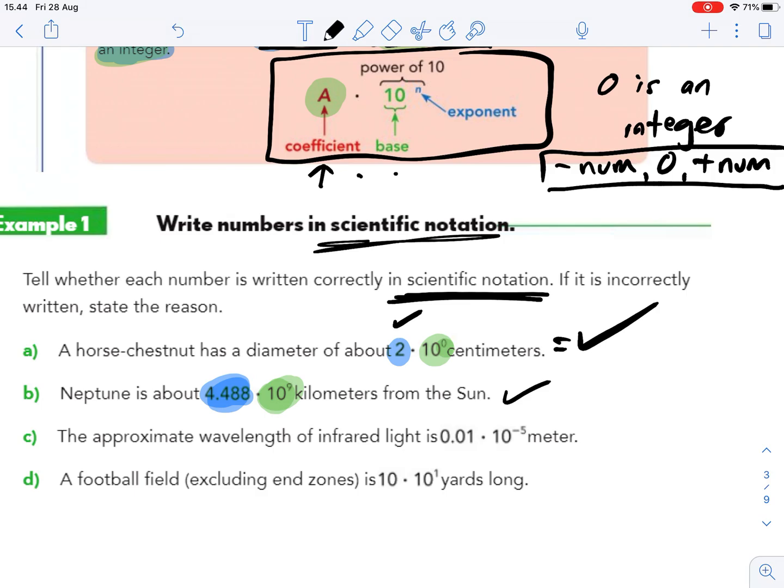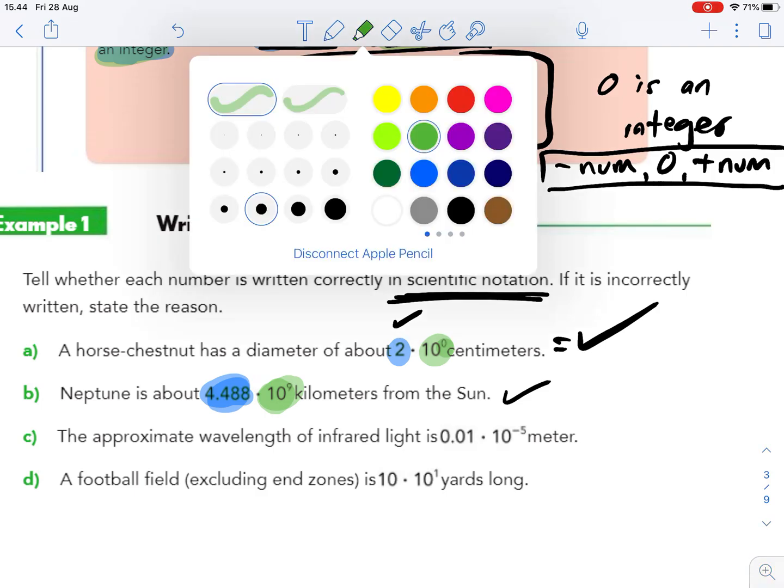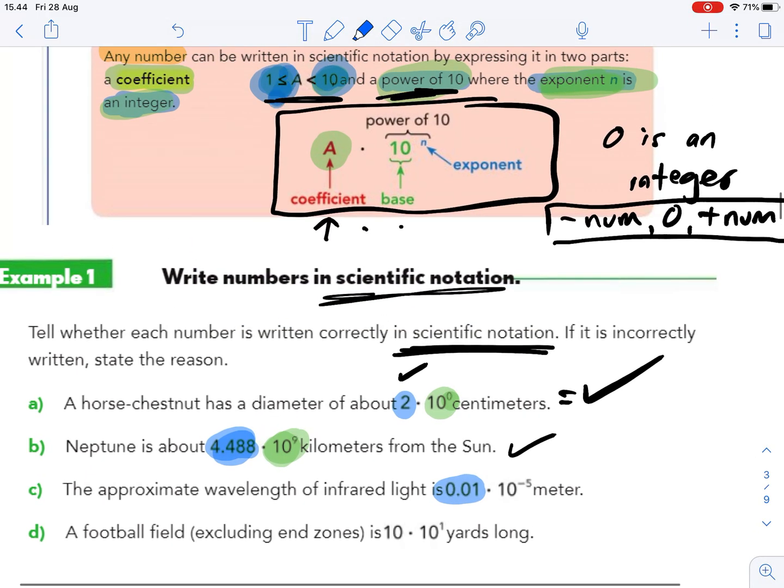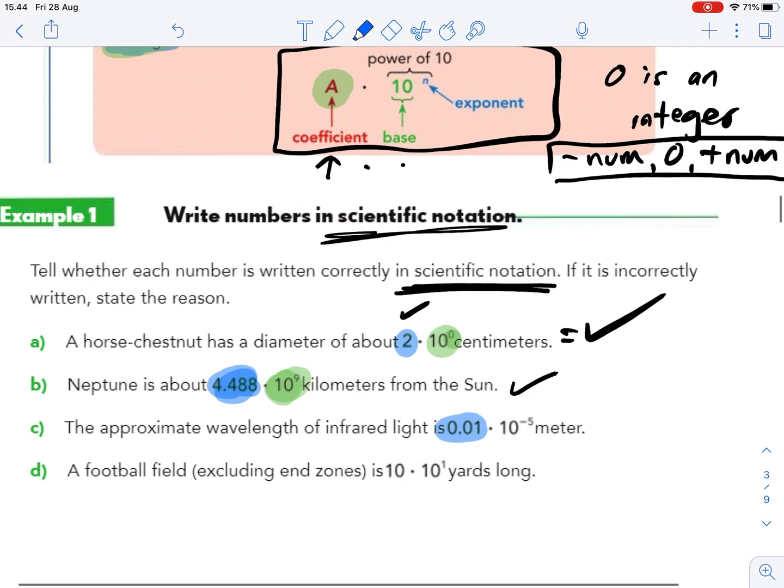C, the approximate wavelength of an infrared light is 0.01 times 10 to the -5th. All right, let's check first our coefficient. Is our coefficient written between 1 and 10? No, it's not.